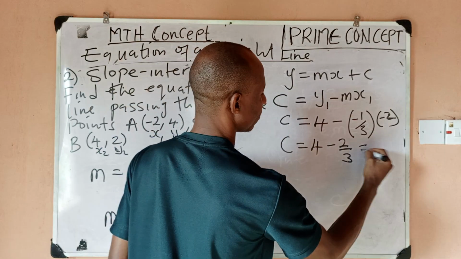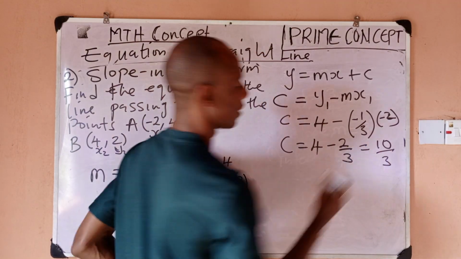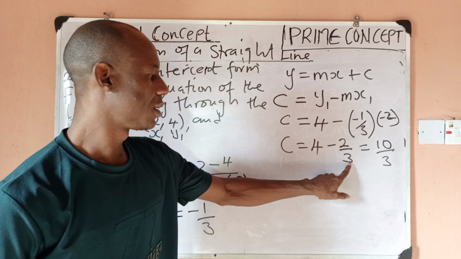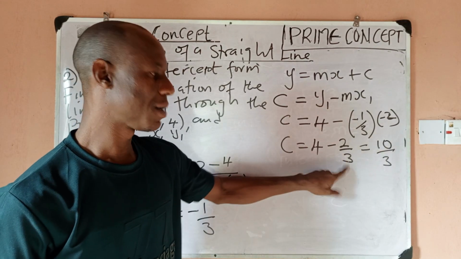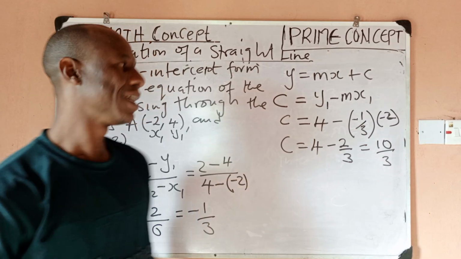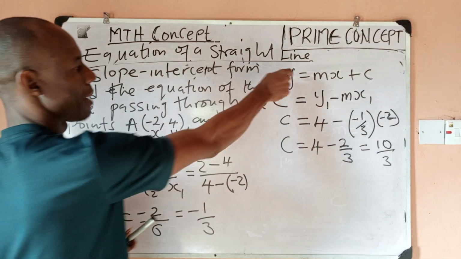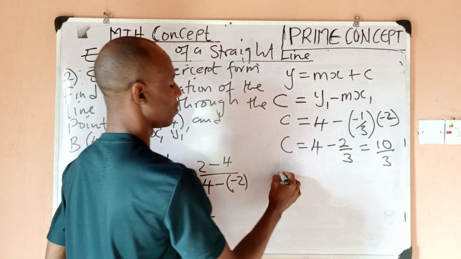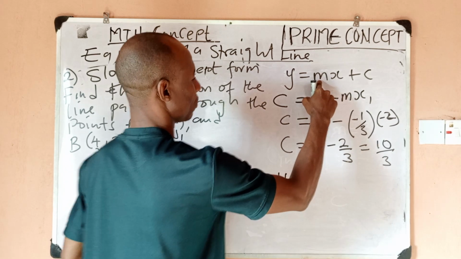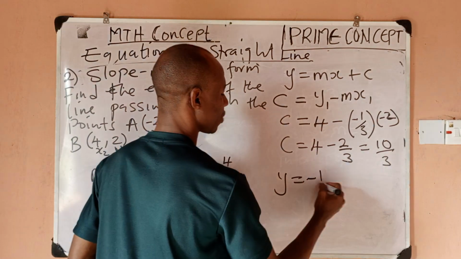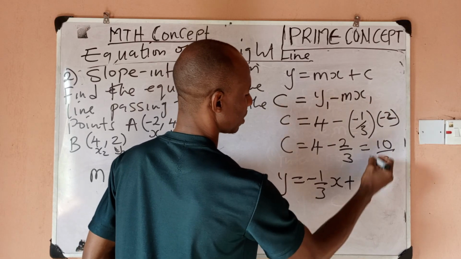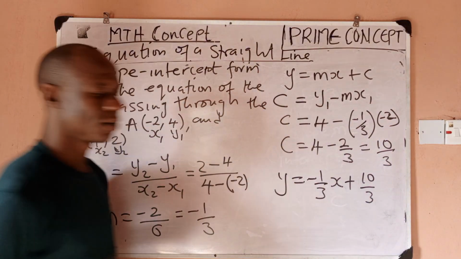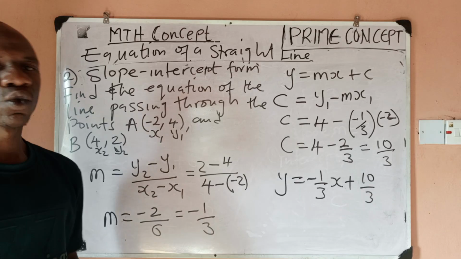So this is going to be 10 divided by 3. So I've gotten my intercept, which simply means my equation is going to be y equals m, which we got as minus 1 by 3 x, then plus c, which is what now? 10 divided by 3. So this is my equation of a straight line.